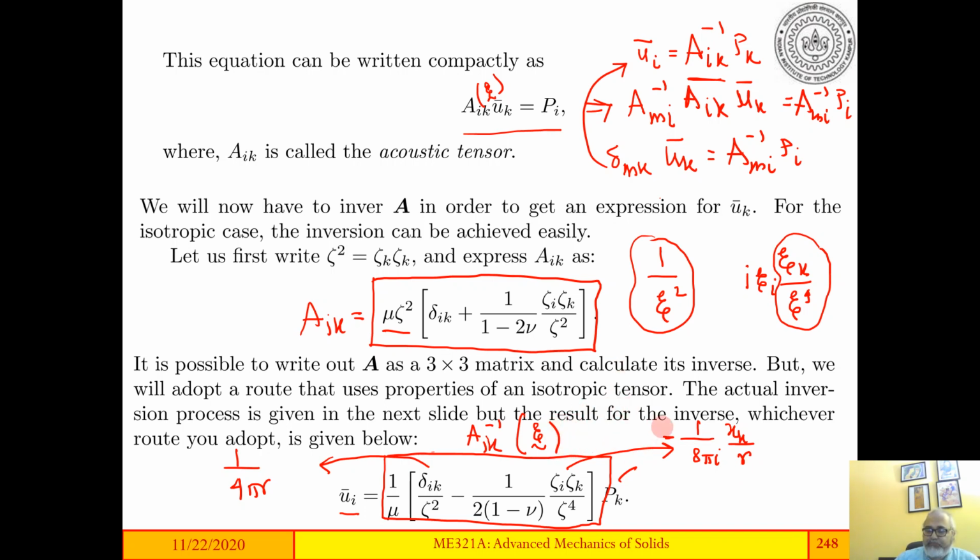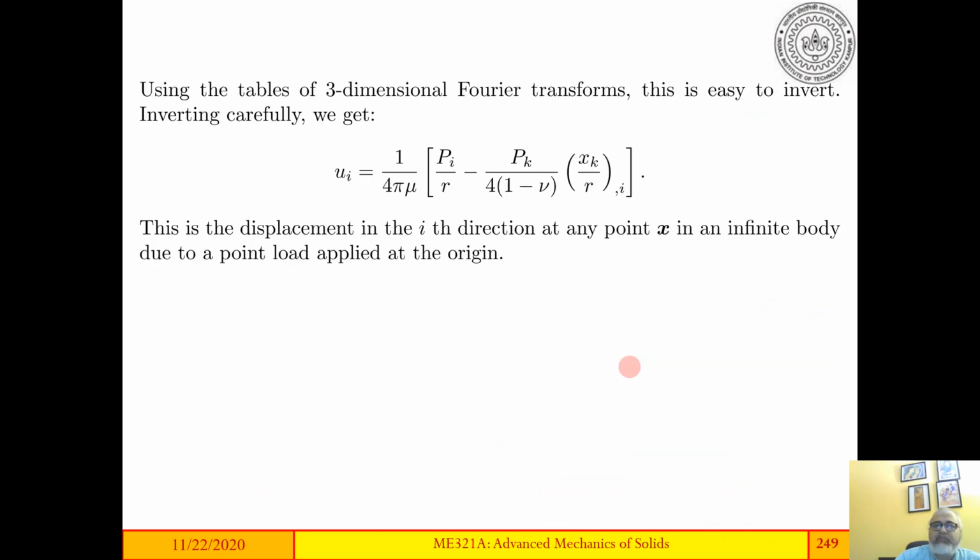So when you have zeta i, then that would mean i zeta i would have meant the derivative of this with respect to xi, but now I can write this as i by 8 pi xk by r, and since I have zeta i, I can write it like this.